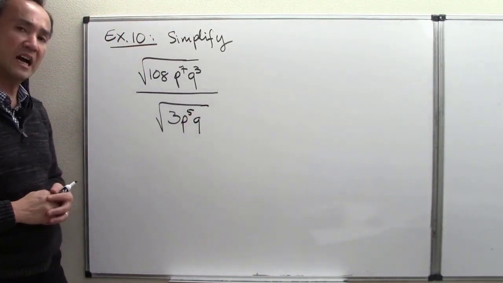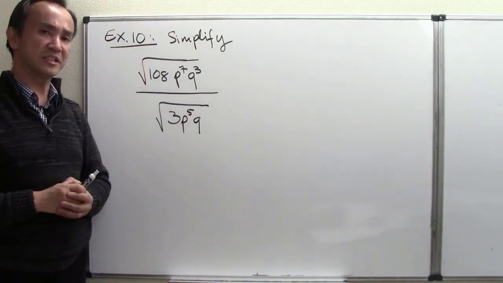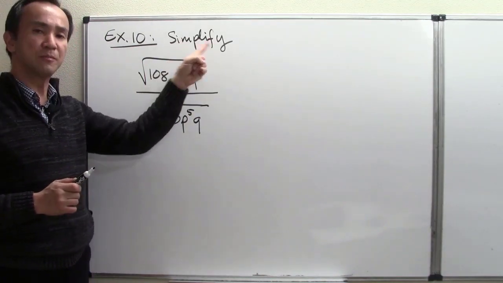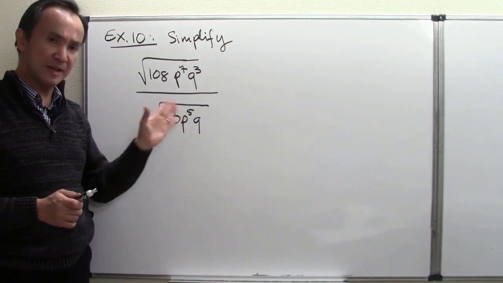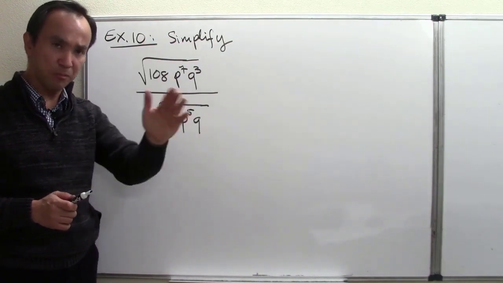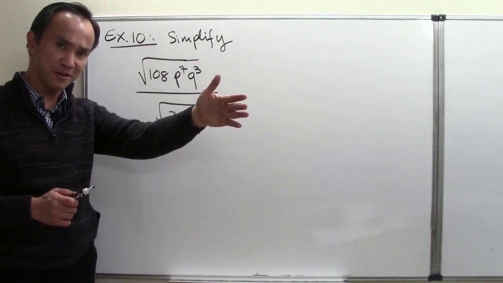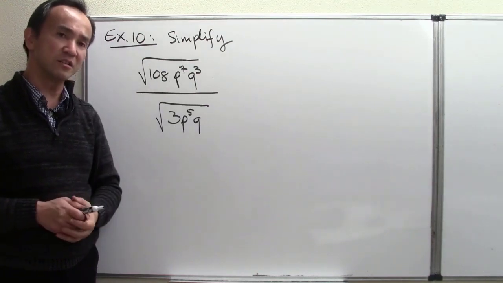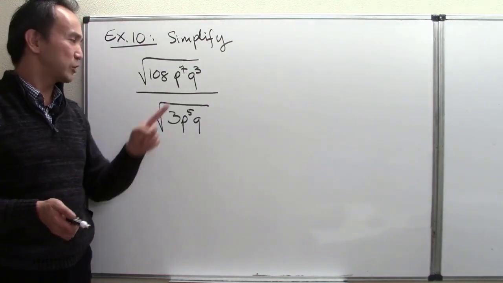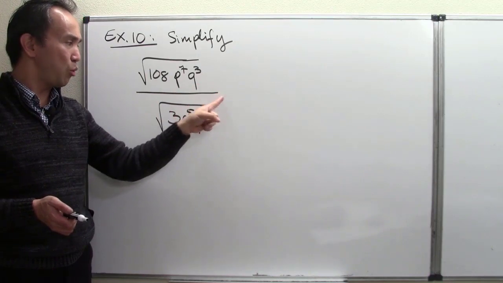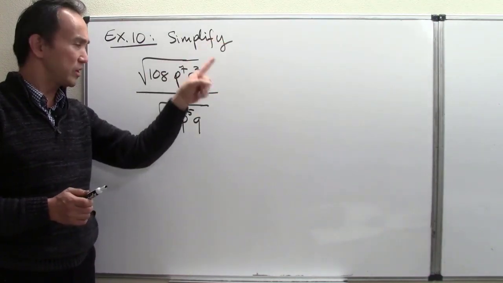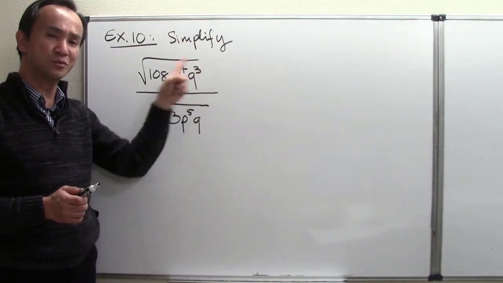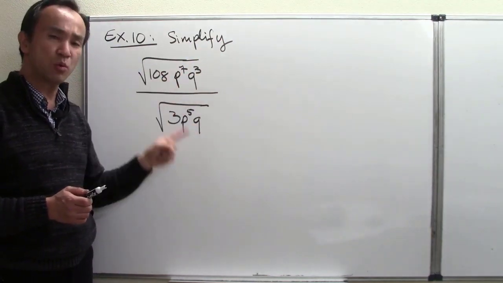All right, so allow me to introduce example number 10, where we're asked to simplify this expression. This is an example where I directly apply the quotient property in the backward direction. We're starting out with a quotient of two square root expressions. We don't want to separately reduce each of these square roots independently.